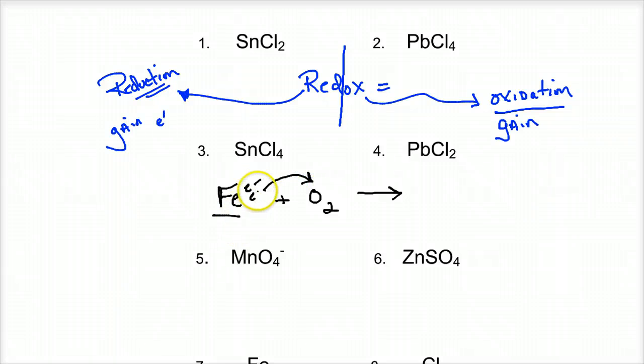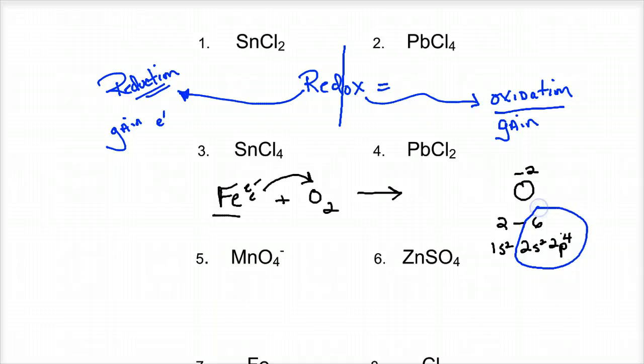And when it does so, the oxygen will become charged, and we know that it likes to gain 2. Its electron configuration, if you want to use 2-6 or 1s2, 2s2, 2p4, and you should have learned that that valence electron shell holds 8, and it needs 2 more to be as stable as neon in its row.